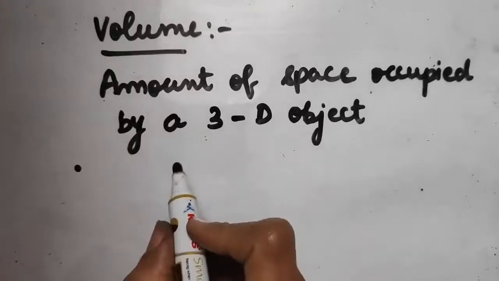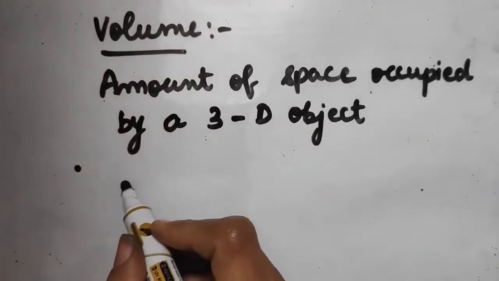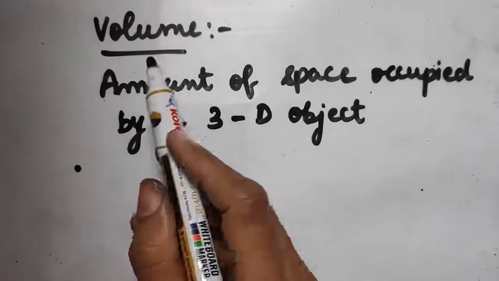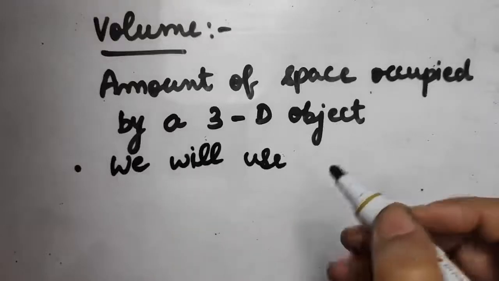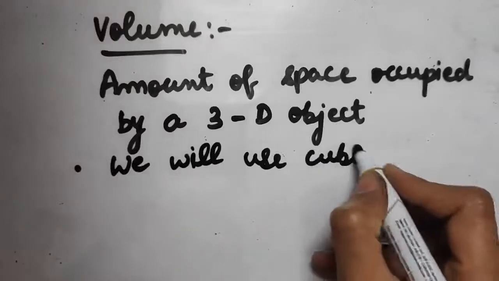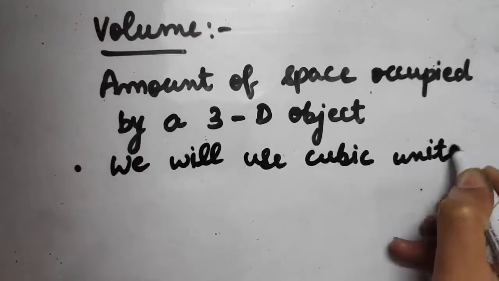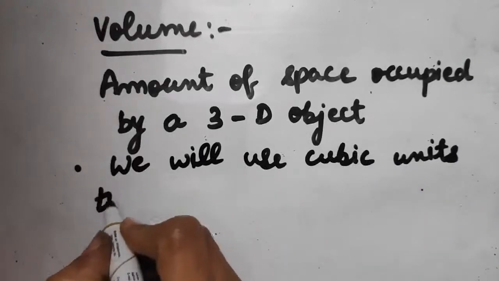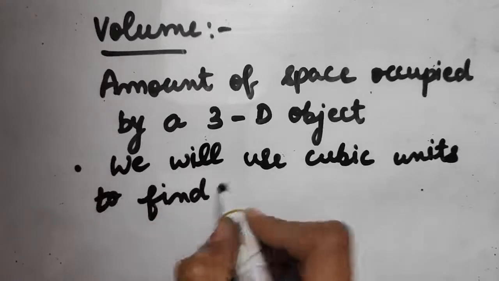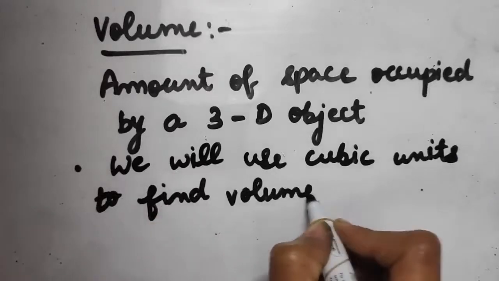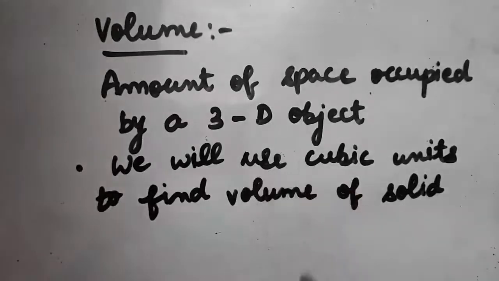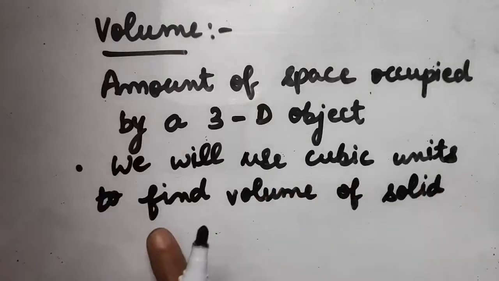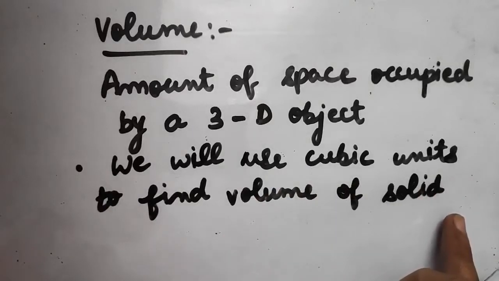Dear children, as you all know, we use square units to find the area of a region, but in case of volume, we will use cubic units to find the volume of a solid.